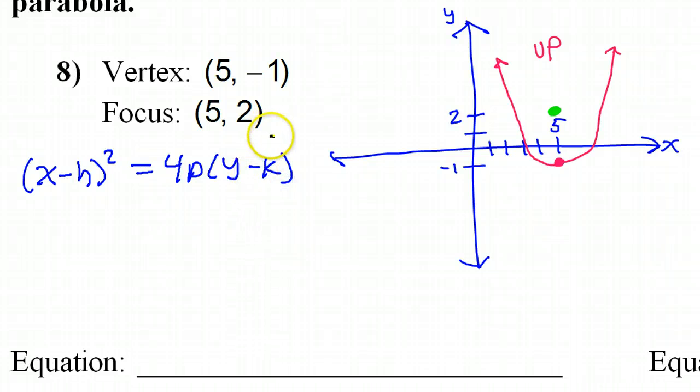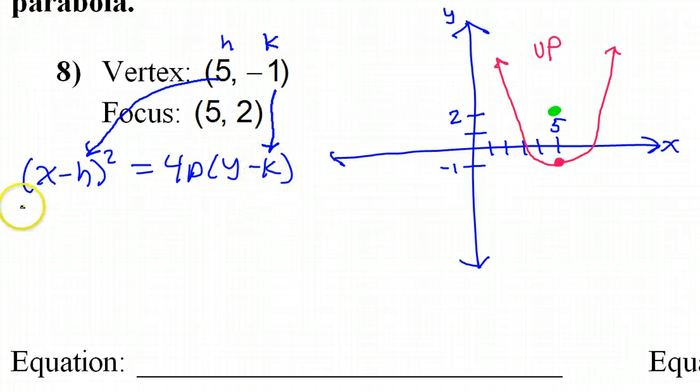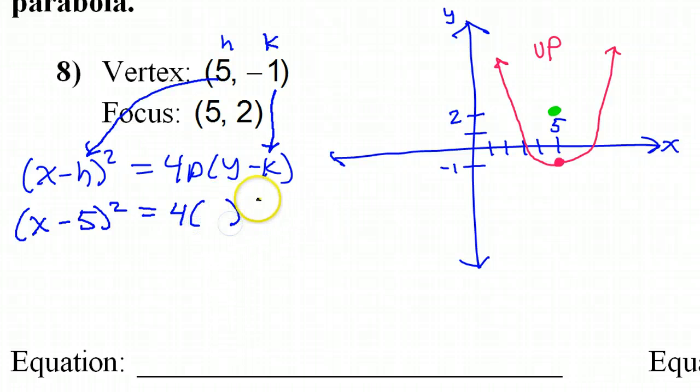I'm dealing with this version. They gave us the vertex though, so they gave us the h and the k. So if I plug those in where they go, this is positive, so I'll just stick with x minus 5 squared is equal to 4 times p.